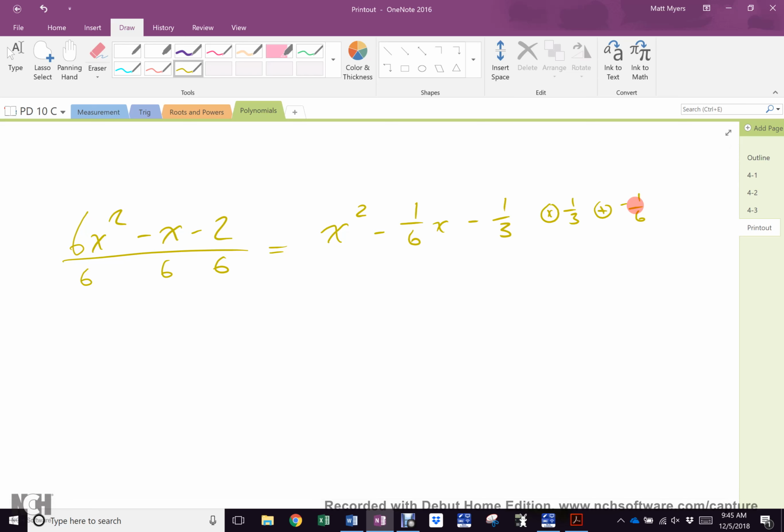Okay. So if I can break down 1/3, I'd be ready to go. Now 1/3 is tough to break down because 3 is a prime number, right? Everyone agree? But isn't 1/3 also 2/6? Everyone still cool? Now we can find factors of 2/6, can't we?